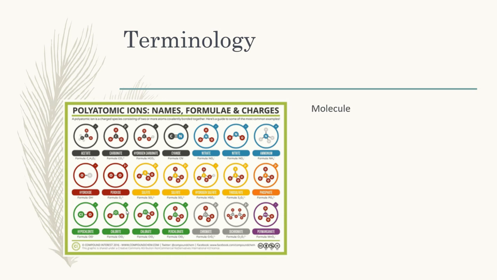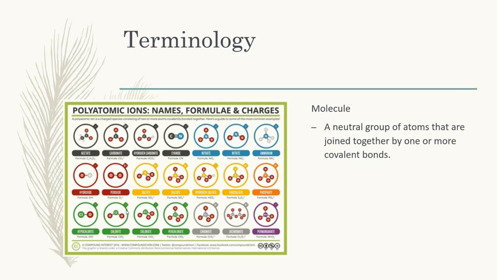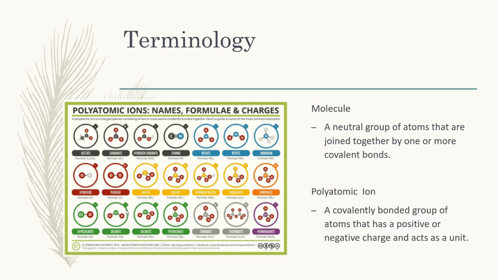Now we have molecule, and this is a neutral group of atoms that are joined together by one or more covalent bonds. And then we have polyatomic ion, which is a covalently bonded group of atoms that has a positive or negative charge and acts as a unit. So here is a very large table of several polyatomic ions.